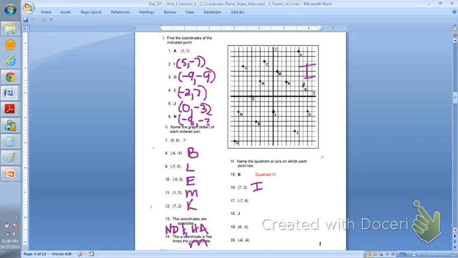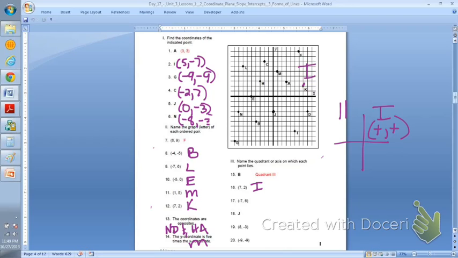And honestly, we should be able to tell the quadrant without even looking at the graph, because if we notice that our x and our y value are both positive, then that means it would have to be in quadrant 1.